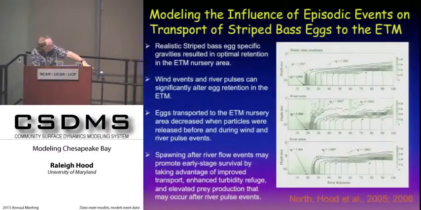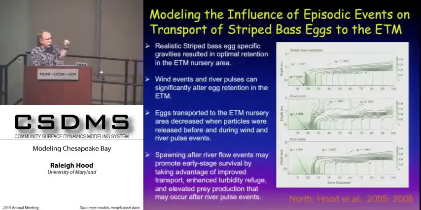It's a little hard to see here, but if you have a strong river pulse, it's tending to suck those eggs out over the top and out of the bay, and you can see the light eggs getting flushed out as well. So we gained some pretty important insight: it may be best for striped bass to release their eggs after wind events and river flow events.